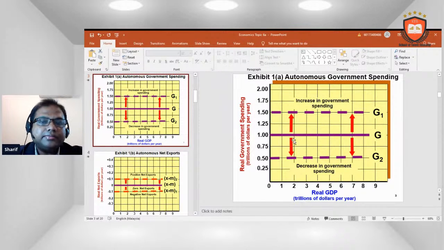On the other hand, if the government decreases spending by 0.5 trillion dollars, this is the decrease in government spending. So if the government increases spending, it has an impact on the y-axis, and if the government decreases it, then it also has an impact on the y-axis.